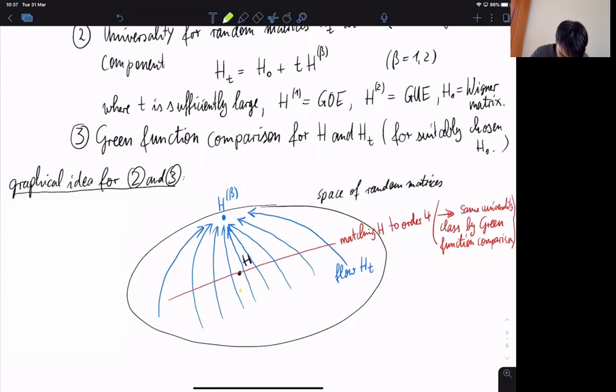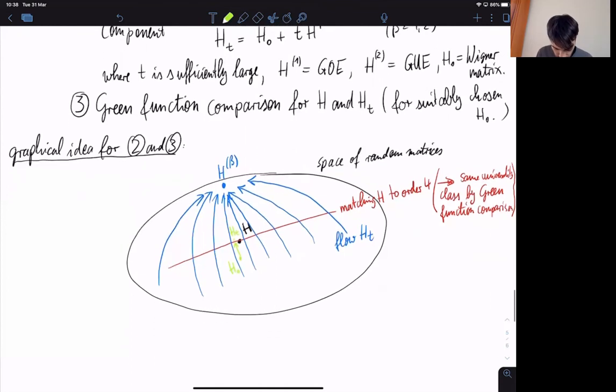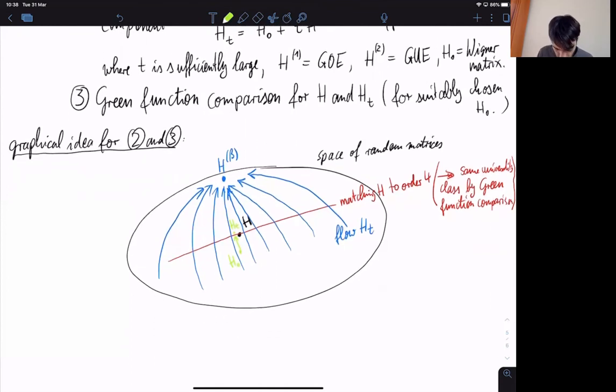So we have an H0 here, and then we get some H_t maybe close by here. I hope this is visible. And then the time should be sufficiently large, and we should be sufficiently close to H so that we can compare these two things. Okay.